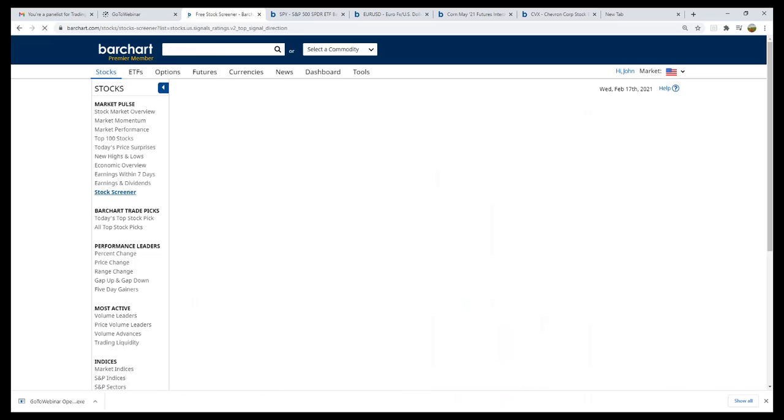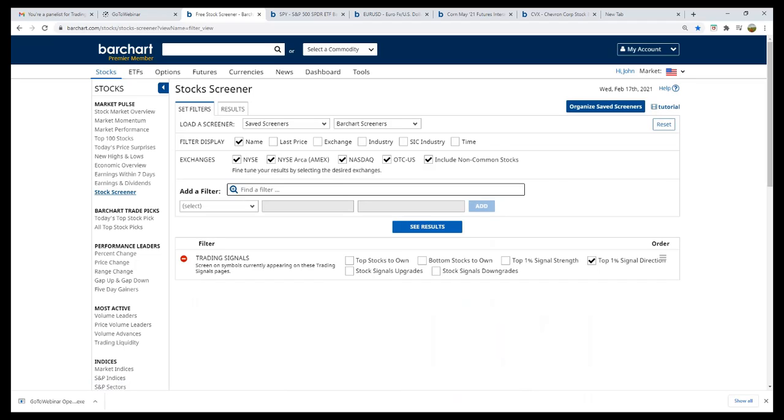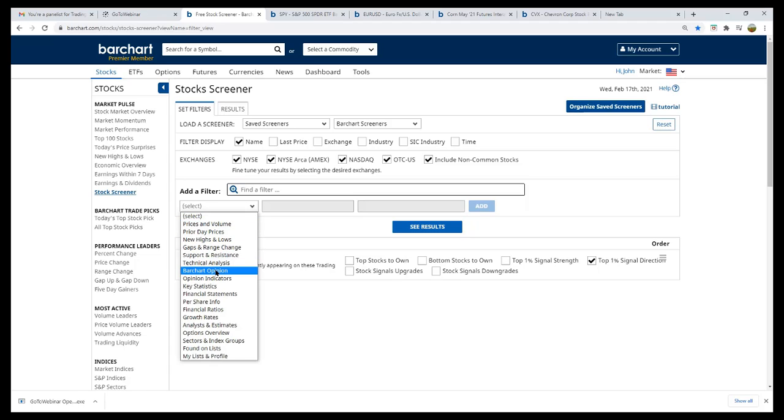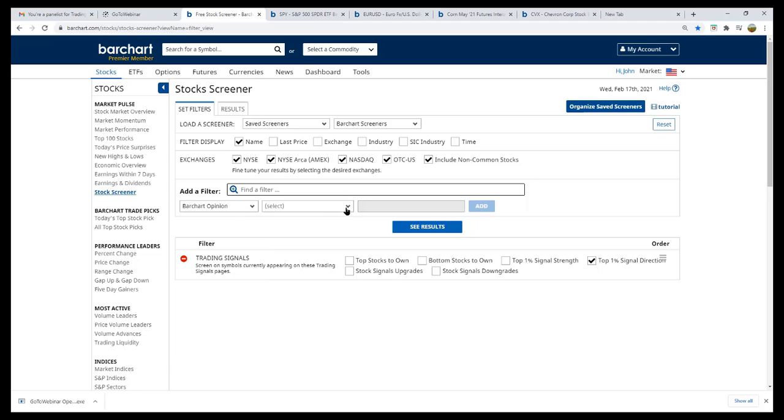So I'm going to screen on my short-term momentum, my signal direction, and I'm going to add my bar chart opinion, my overall average. But now I'm going to do my strength. I'm going to add that.